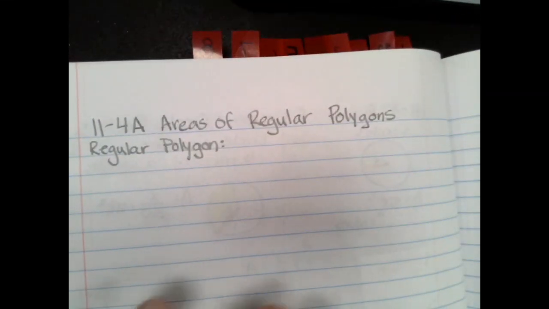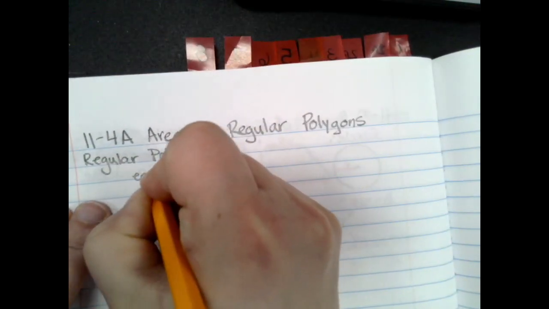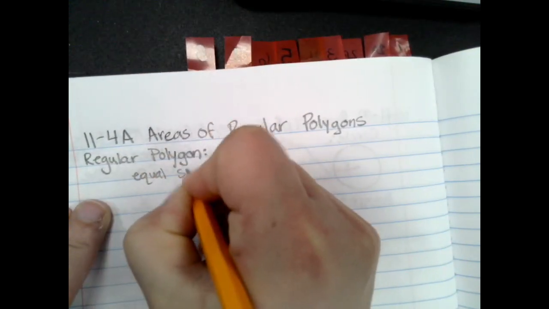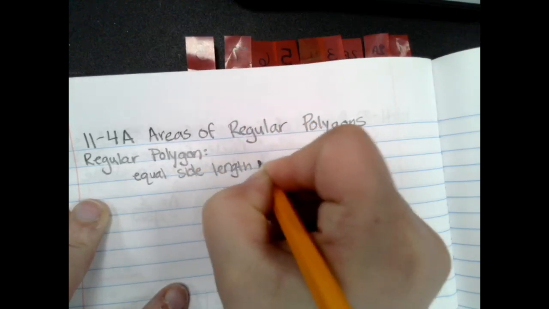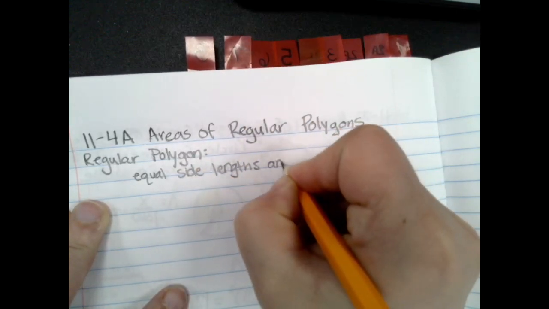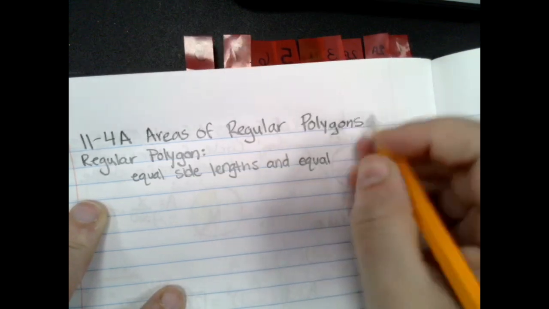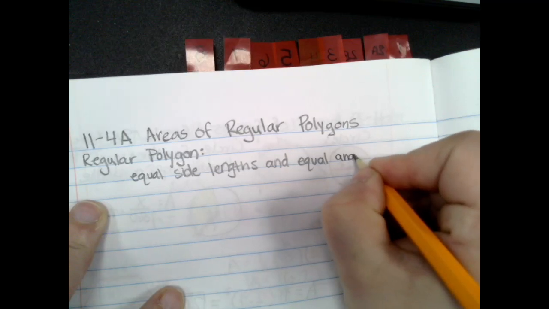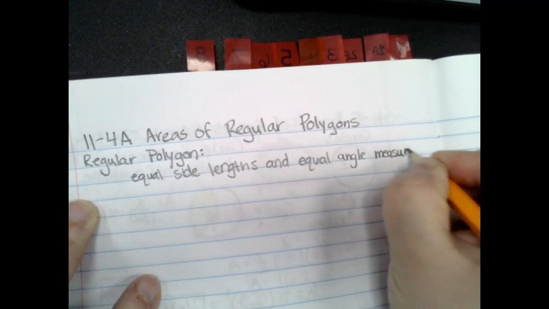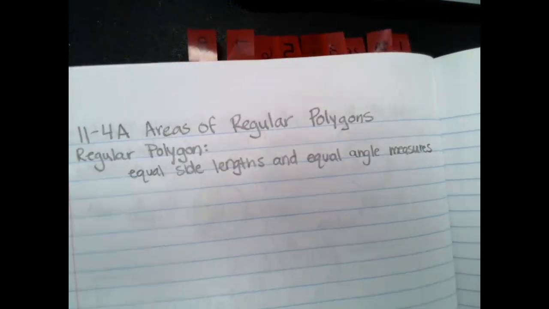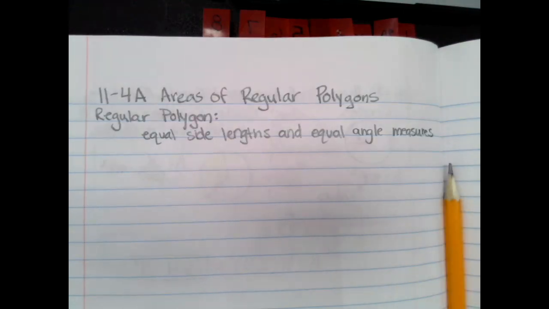So a regular polygon has equal side lengths and equal angle measures.